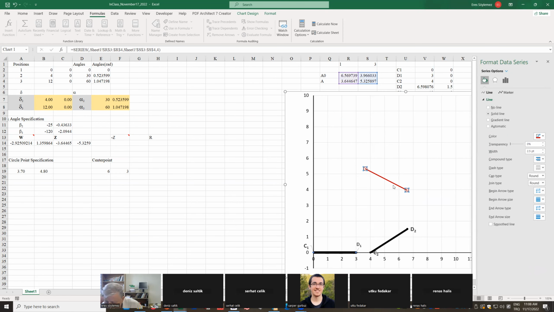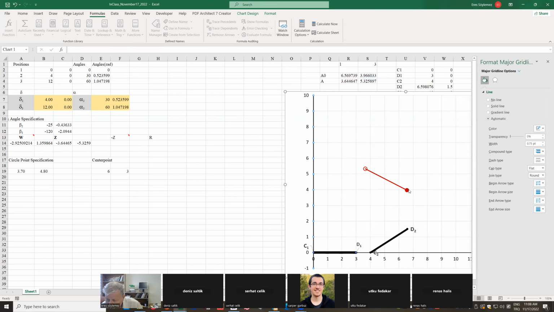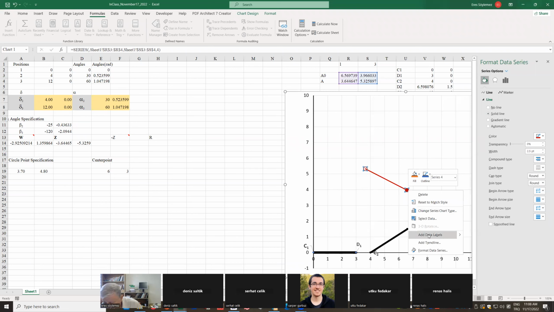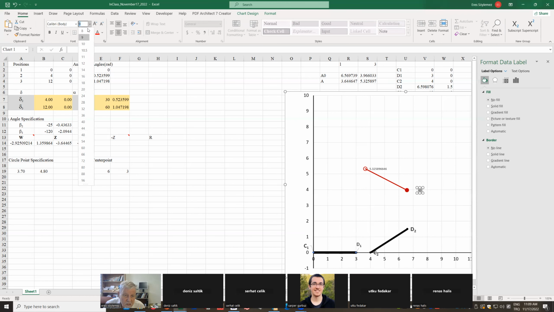Okay. If you want, add data labels. I wanted to show this: A0, subscript.